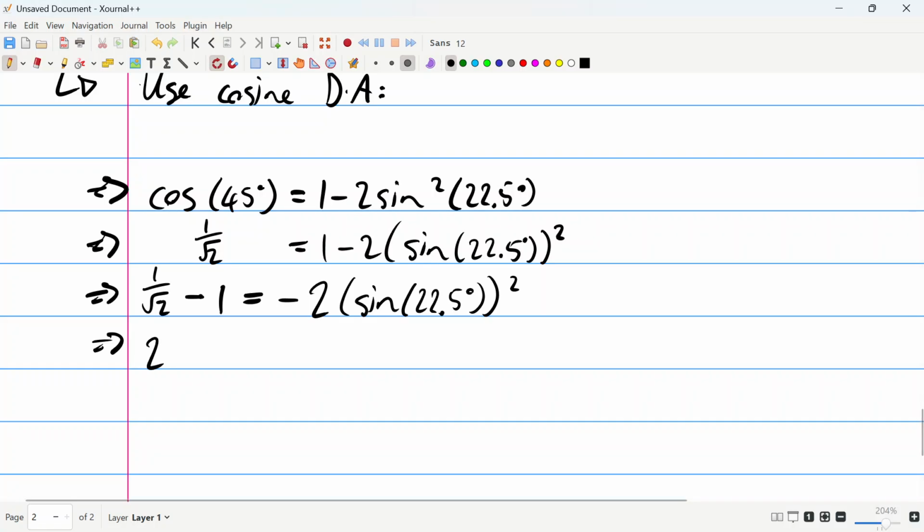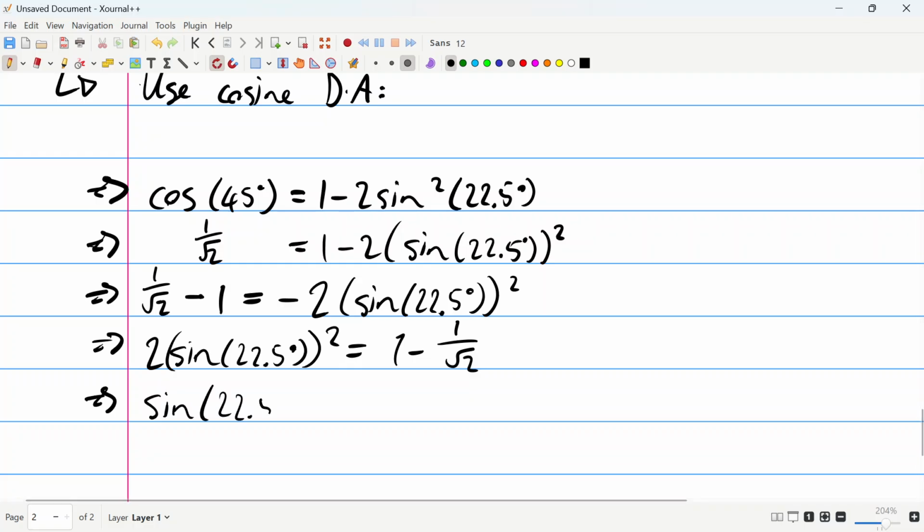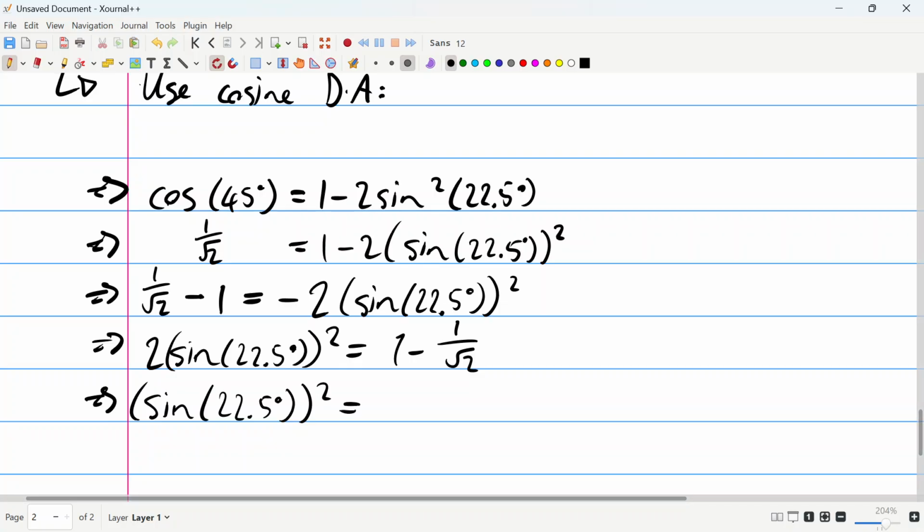We are going to be left with 2 sine 22.5 degrees, and this is all squared, and then this is just equal to 1 minus 1 over root 2, and then we can get this part on its own, so that we have sine of 22.5 degrees squared, which is equal to, we divide both sides by 2, such that we are going to have 1 over 2 minus 1 over 2 root 2, okay? Otherwise, you could always just say a half multiplied by this part. Okay.